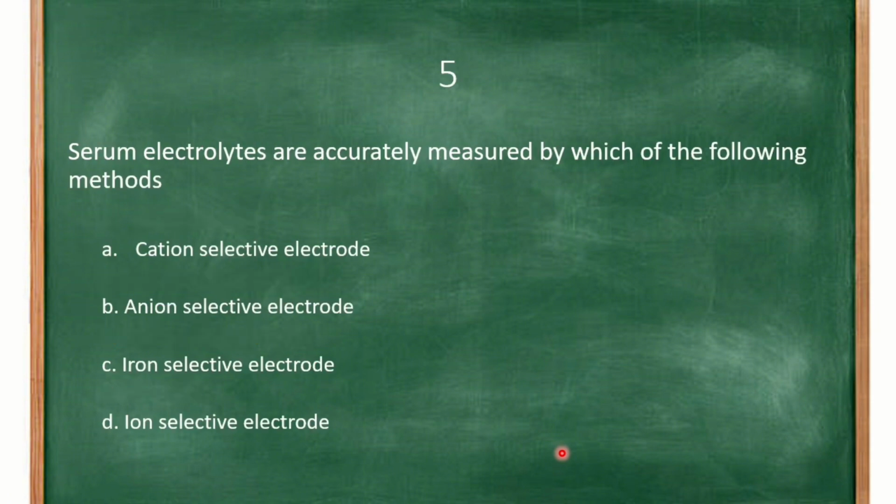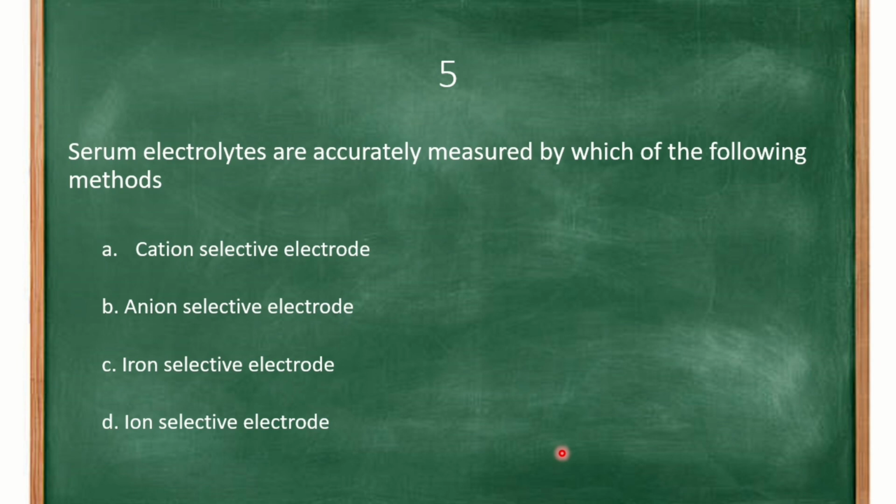Okay, question 5. It says that serum electrolytes are accurately measured by which of the following methods? A, cation selective electrode. B, anion selective electrode. C, ion selective electrode.